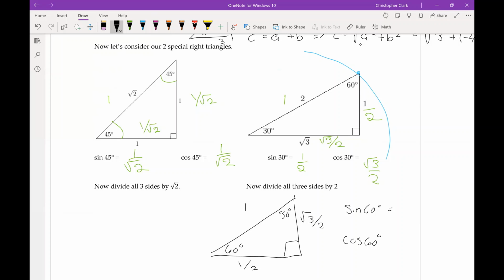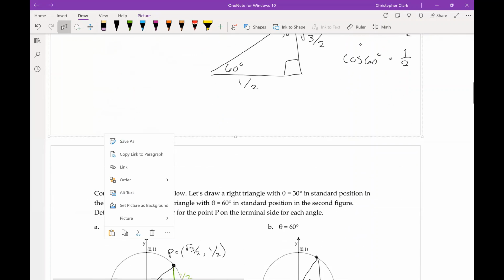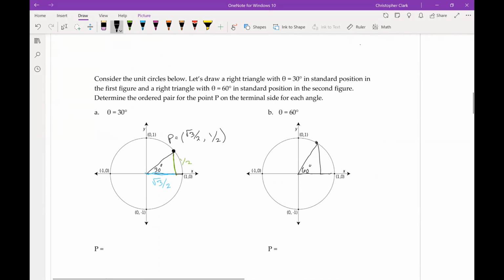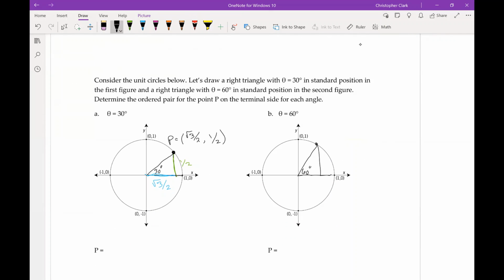Sine of 60 is going to be root 3 over 2 over 1, right? But I'm not going to put that. And then cosine of 60, well, it's the adjacent, so it's 1/2 over 1. I'm not going to put that, so we just get 1/2. So we know what this point is, right? I had to move in this direction right here. I'll do this in blue.